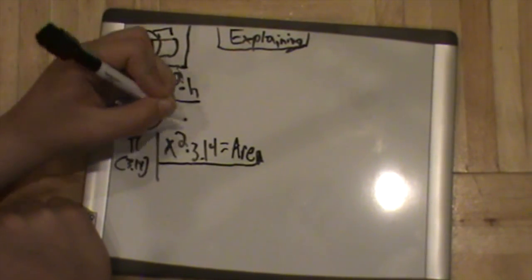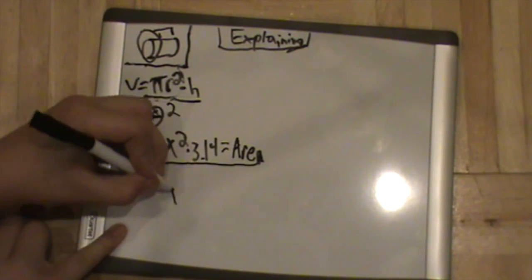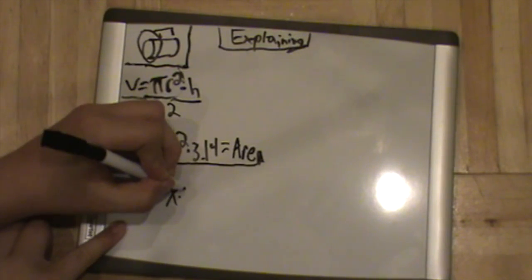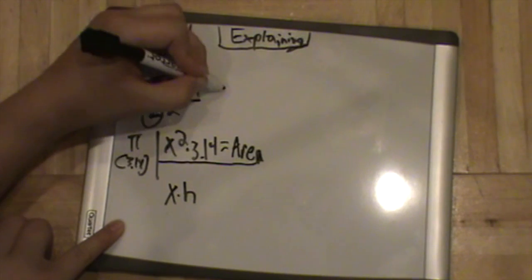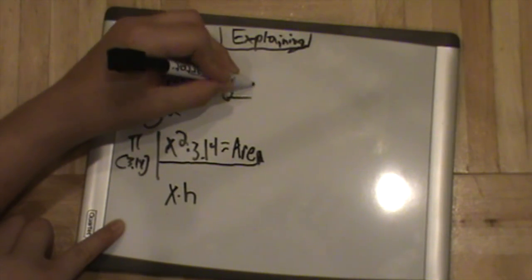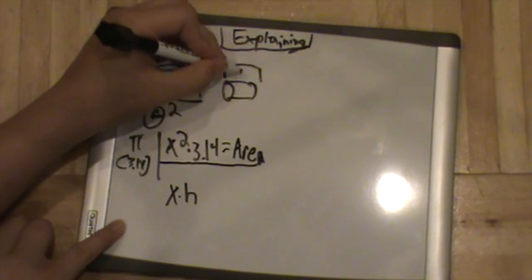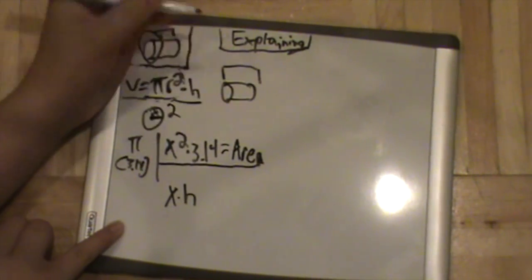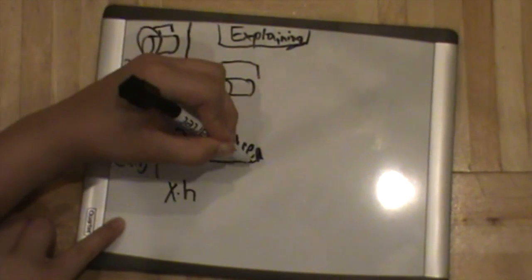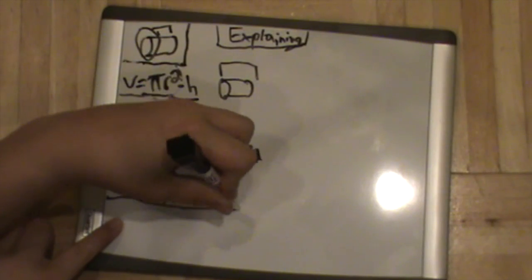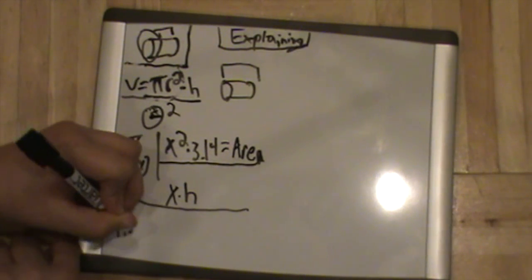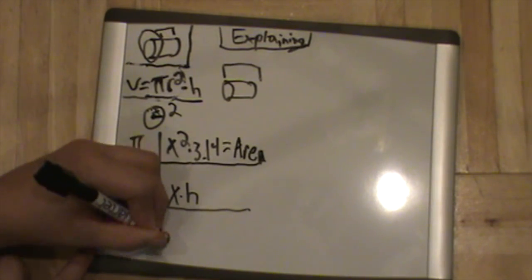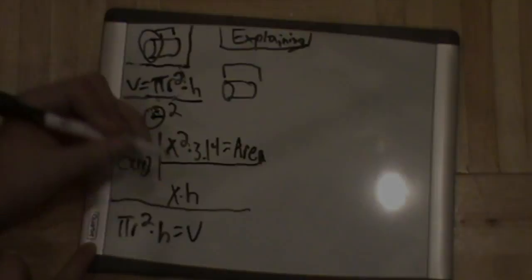Once we have our area, so x, we will multiply it by the height, and the height is this part right here. So thus we get our pi r squared times our height, and it'll give us our volume.